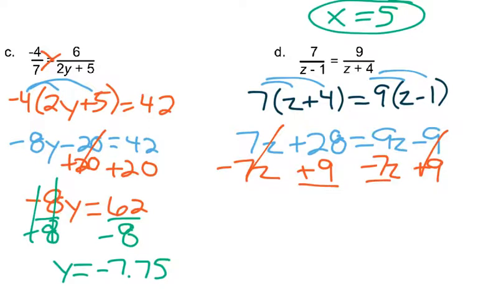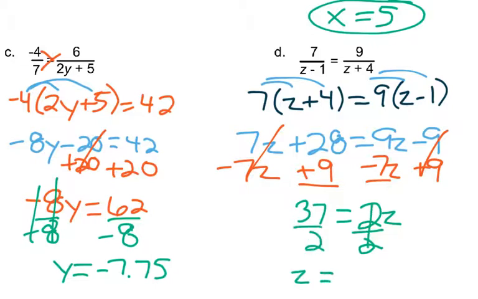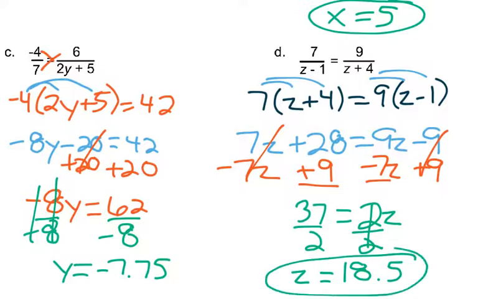So that gives us 37 is equal to 2z. Divide by 2. z is equal to 18.5. Just do not forget about these parentheses so that you distribute. Okay? Alright, let's move on here.